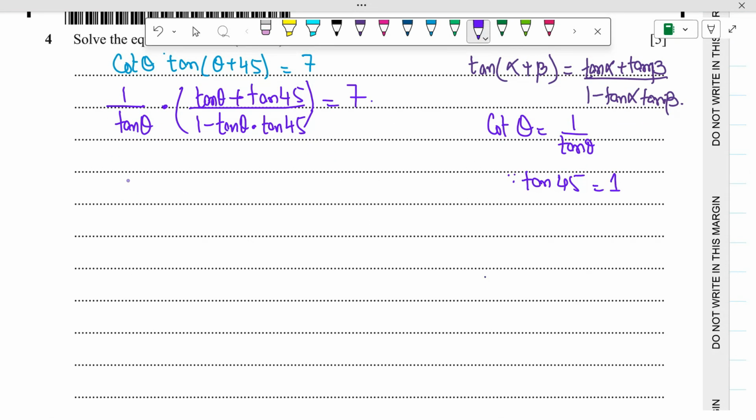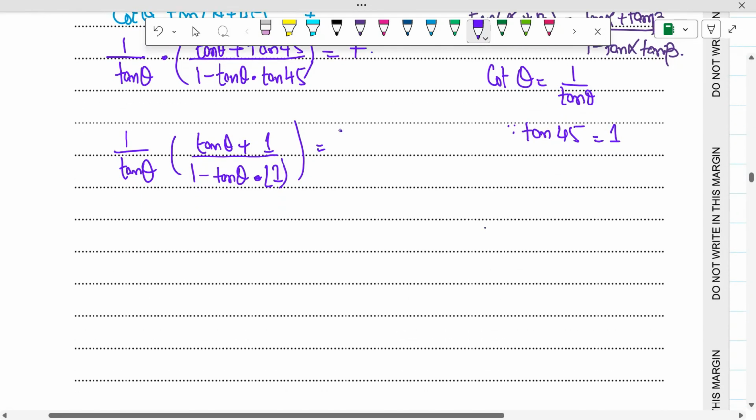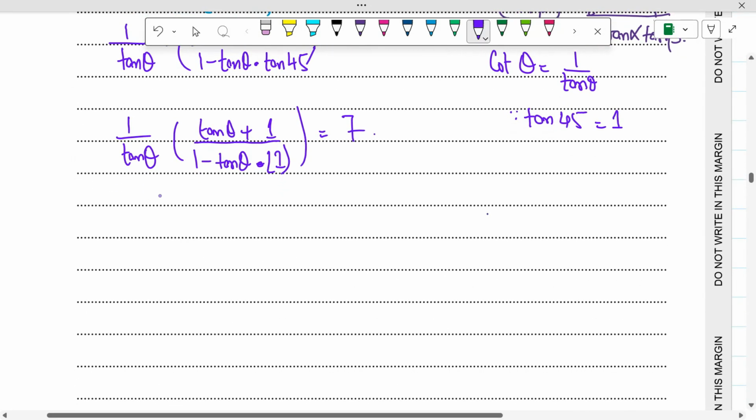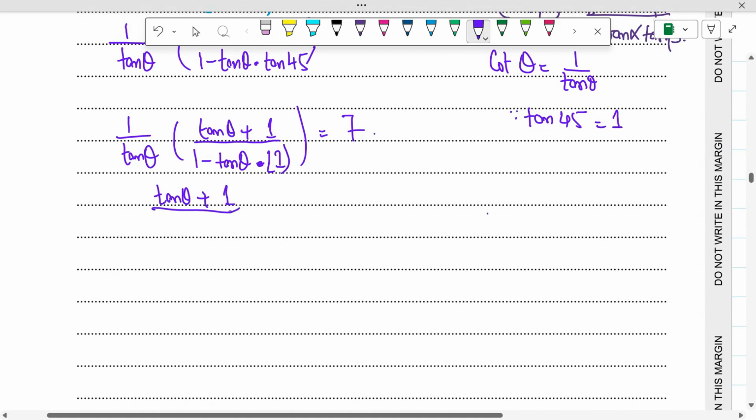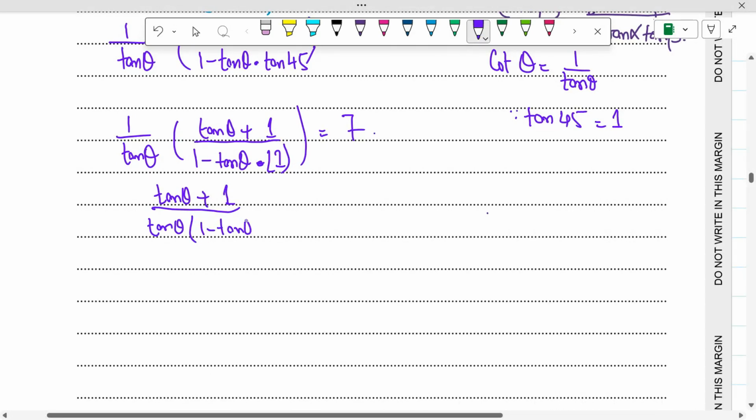So further solving, we will have 1 over tan theta times (tan theta + 1) over (1 minus tan theta times 1), which is equal to 7. So we will have (tan theta + 1) over tan theta times (1 minus tan theta), which is equal to 7.